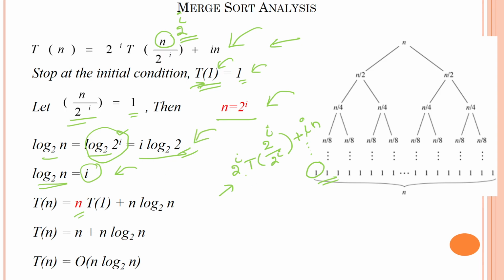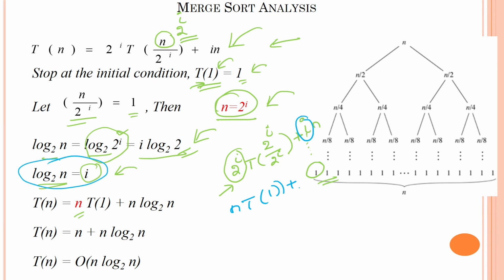Here 2 power i is n, so we get n times T of 1 plus i times n. What is the value of i? It is log n.